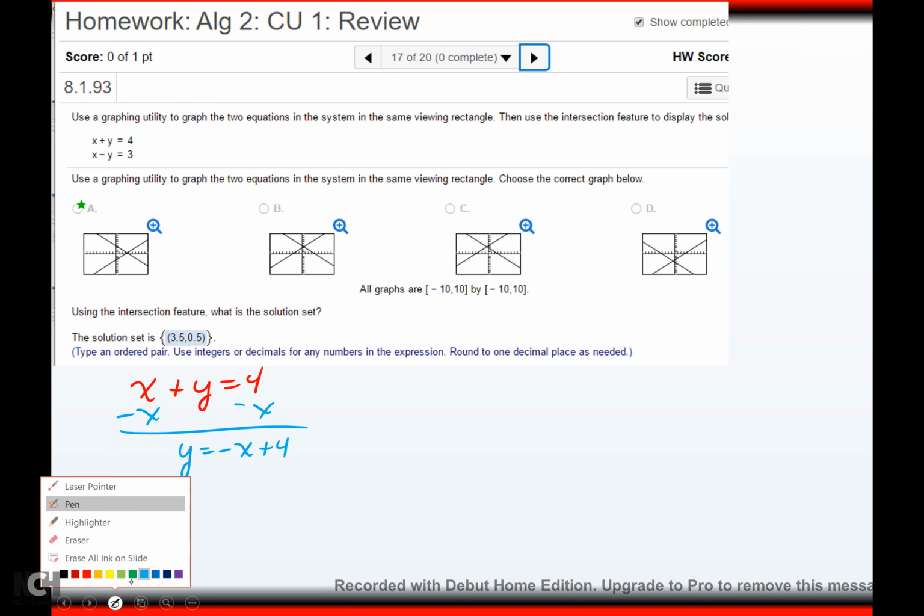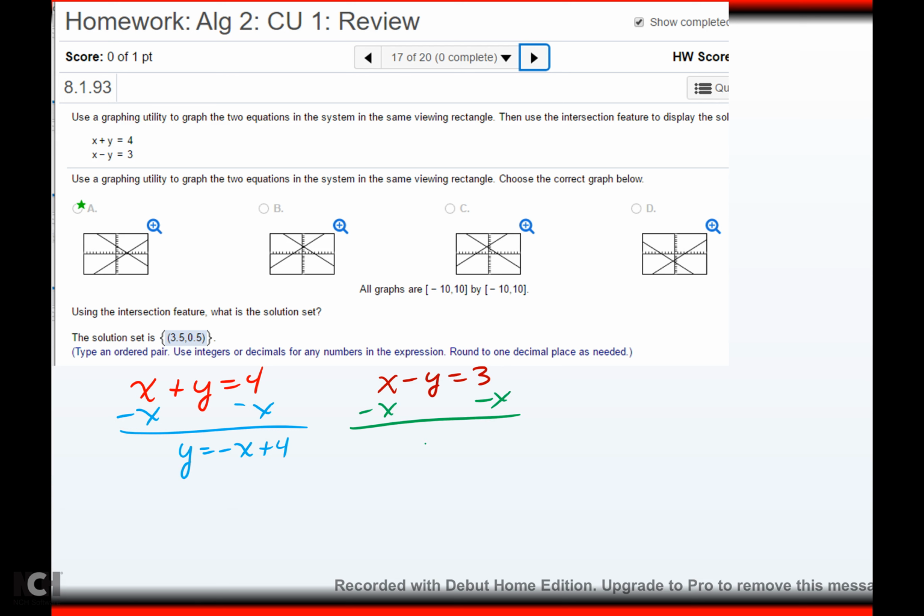To do the second one, I have x minus y equals 3. To get y alone, I'm going to minus x, which gives me negative y equals negative x plus 3. Divide by negative 1, divide by negative 1, and I get y equals x minus 3.